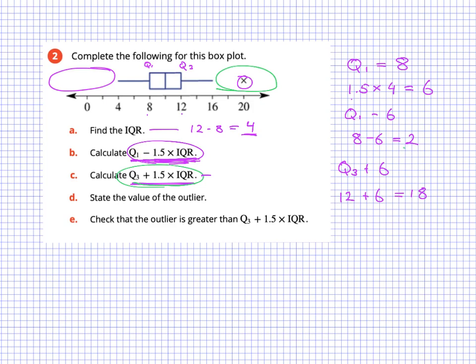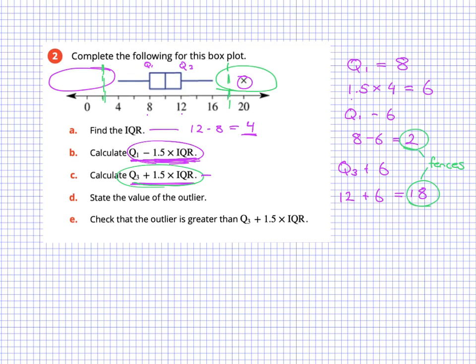Now, this number and this number, all right, those are called fences. If you want to think about it in terms of analogy, this is the fence here at 2 and at 18. What this fence shows us is the boundary of the data set.